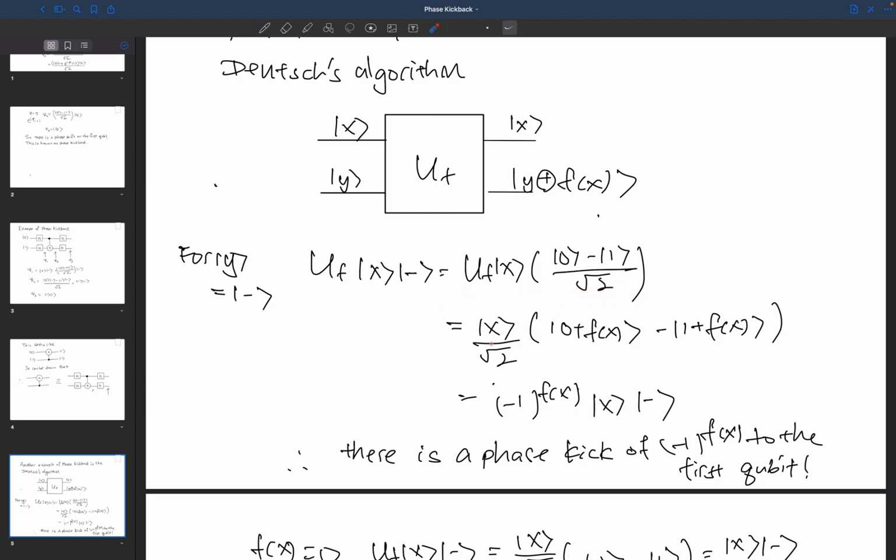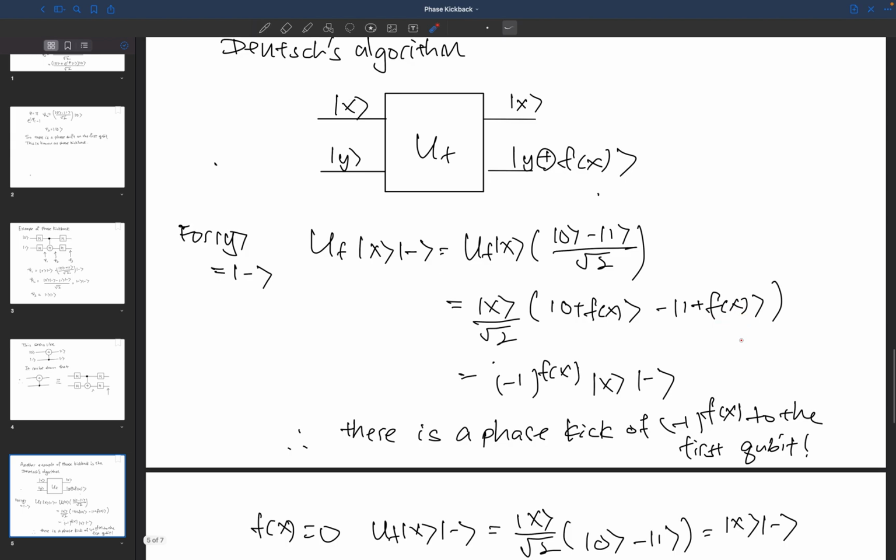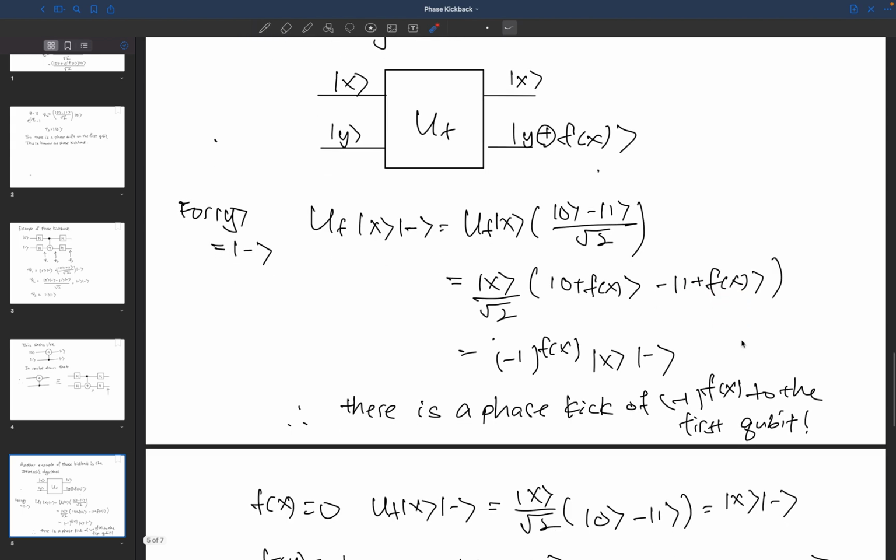We'll get to this x and 0 XOR f(x) minus x and 1 XOR f(x), and this can be written in this compact form.